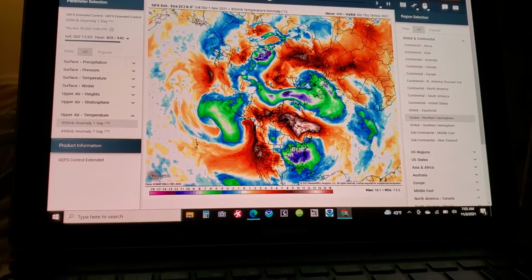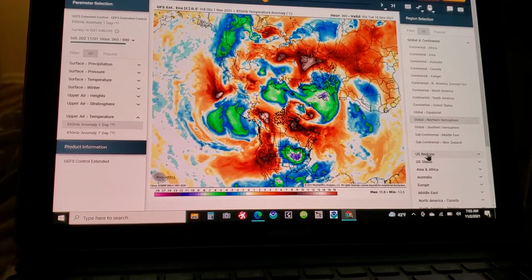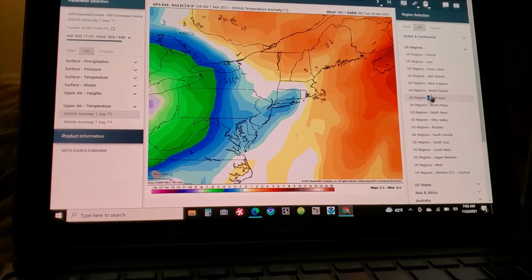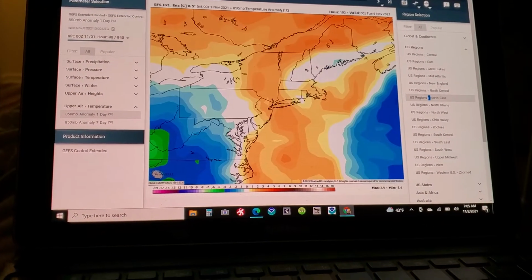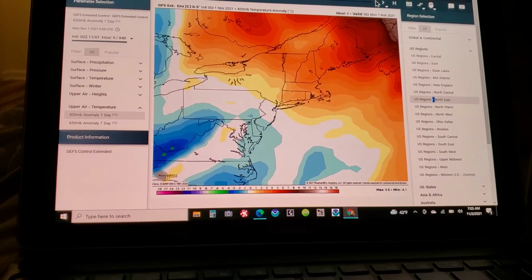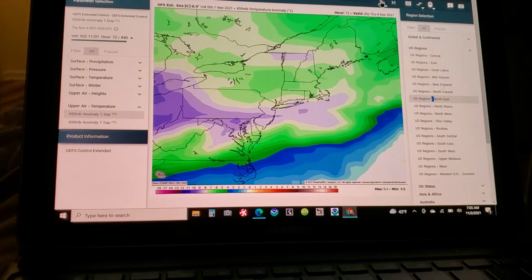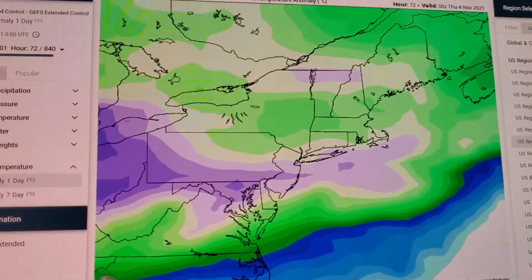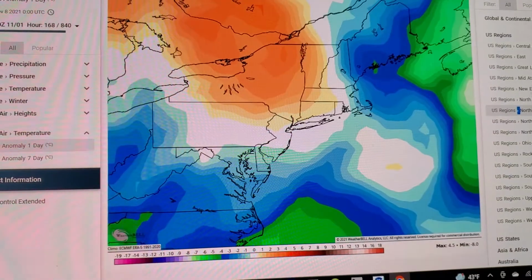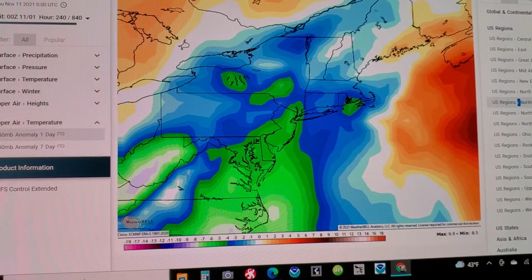I'm going to look at the one-day anomalies here real quick on the extended. Here's where we are. Here comes that fourth slight warm up around the 9th.